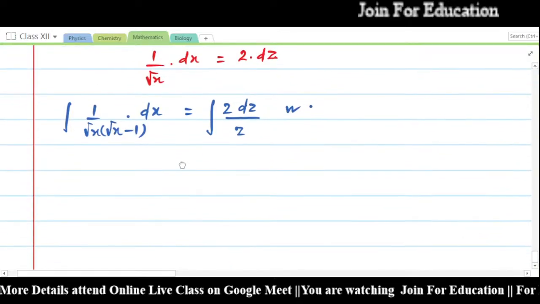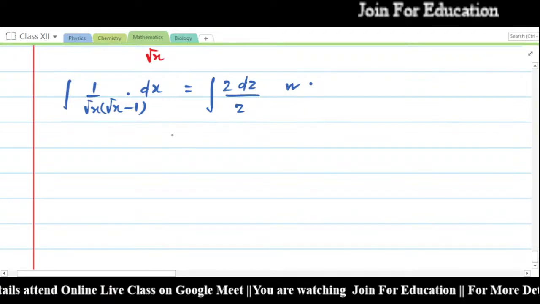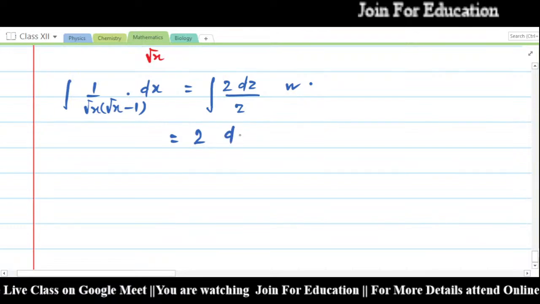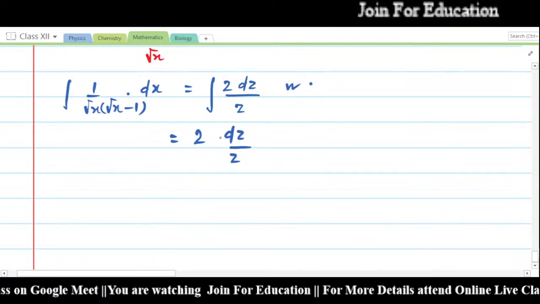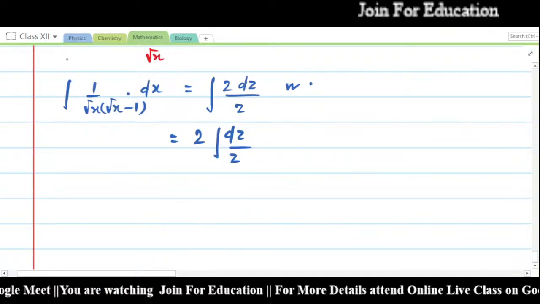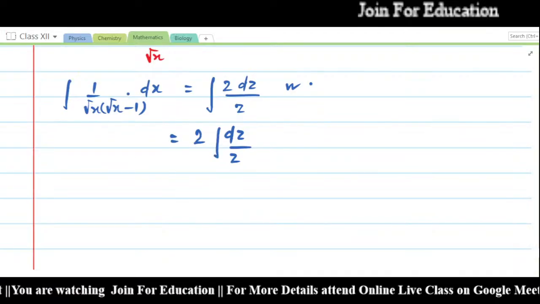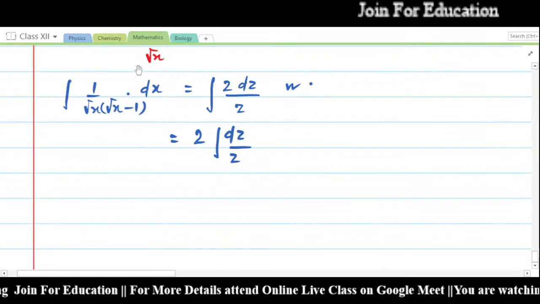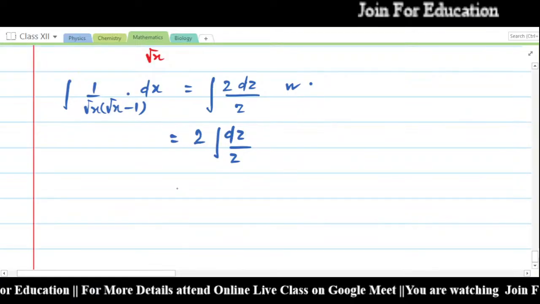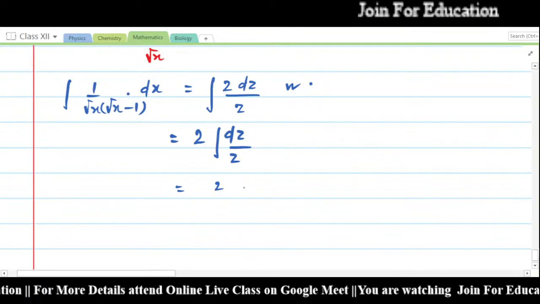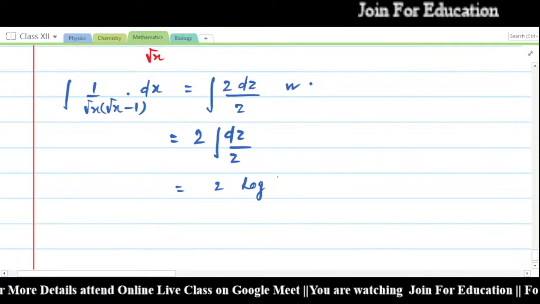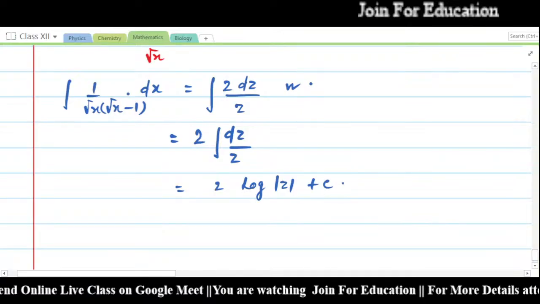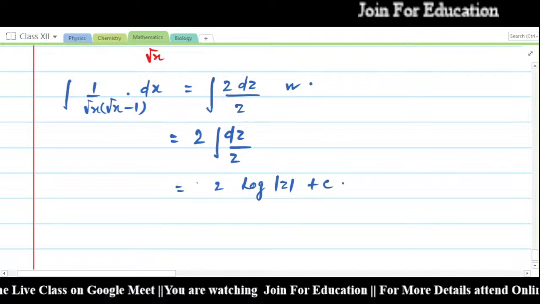Next, we take 2 as common and write dz by z under the integration. We know that integration of dz by z equals log z, so we write 2 into log absolute value of z plus c. Hope there is no problem up to this step.